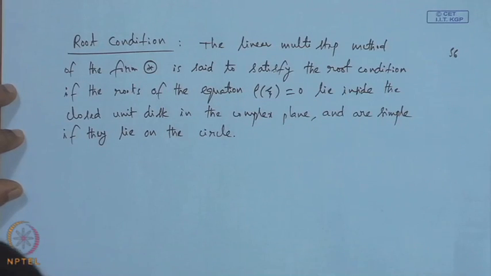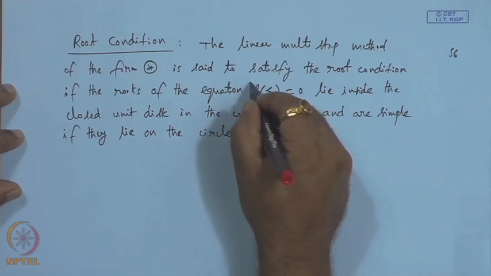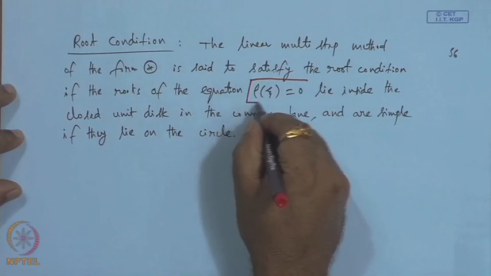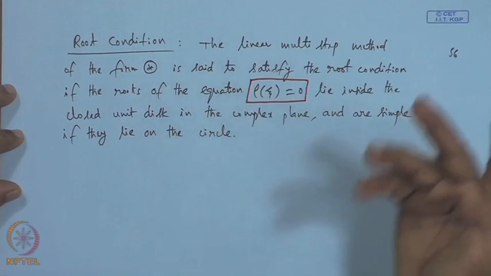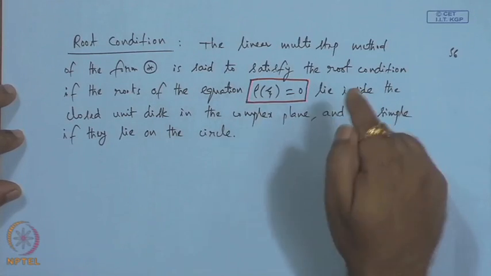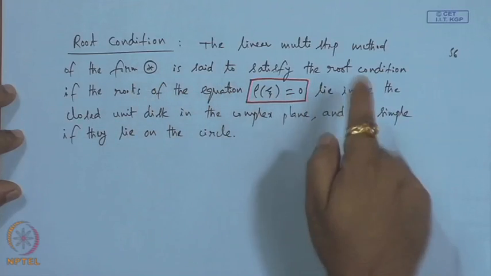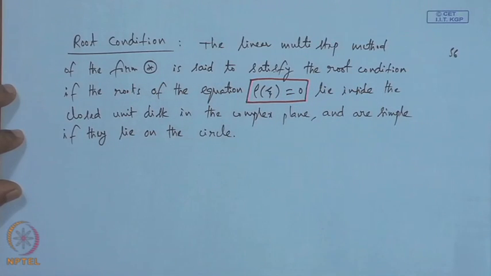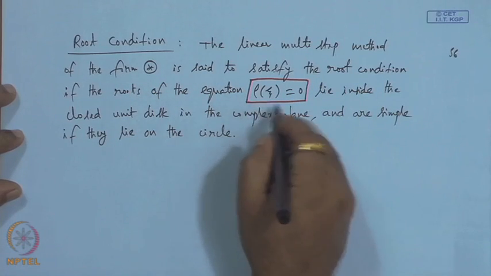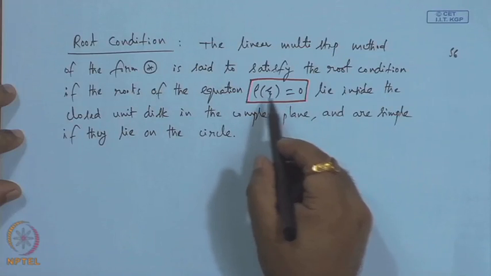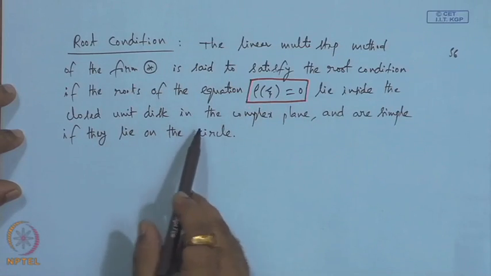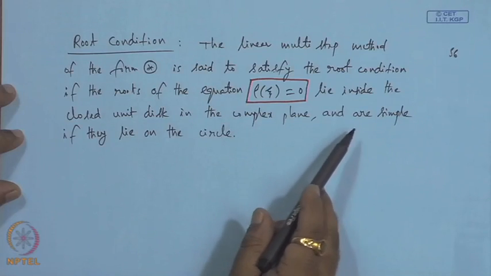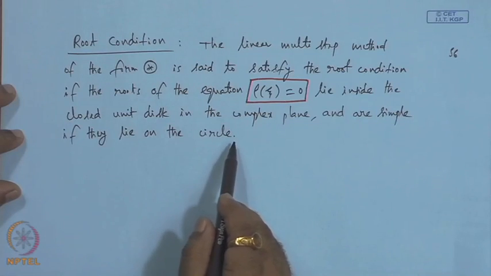Of course, I wrote something which does not make sense; this quantity we haven't yet defined, but it is some condition. So, a linear multistep method of the form star is said to satisfy the root condition if the roots of the equation rho of zeta equals 0, that is a polynomial, lie inside the closed unit disk in the complex plane and are simple if they lie on the unit circle.